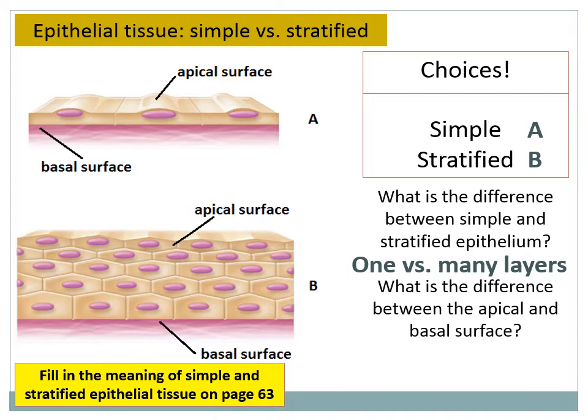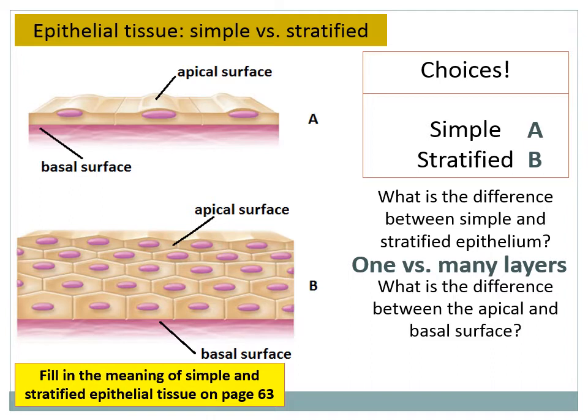So simple, there's only one. Stratified, there is more than one. If you're having a hard time remembering that, think of stratified rock. Stratified rock has many layers. So stratified epithelium is also going to have many layers.